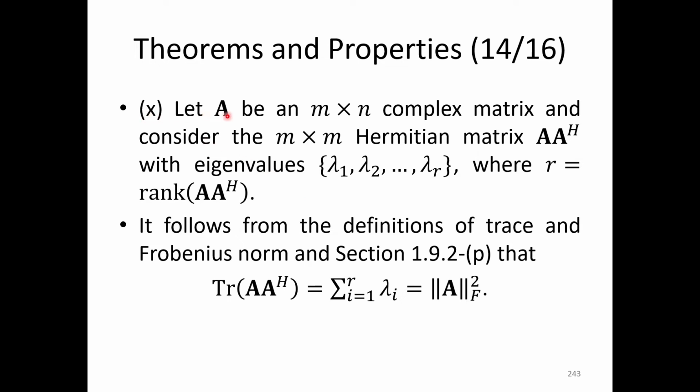Let A be an m by n complex matrix and consider the m by m Hermitian matrix A times A Hermitian with eigenvalues lambda 1, lambda 2 to lambda r, where R is equal to the rank of A times A Hermitian.